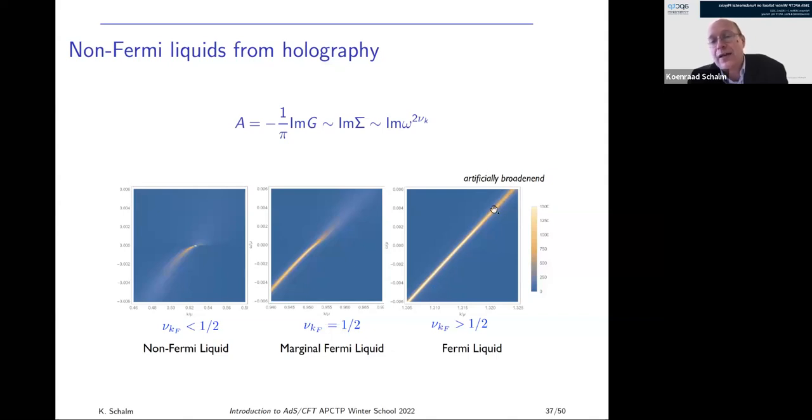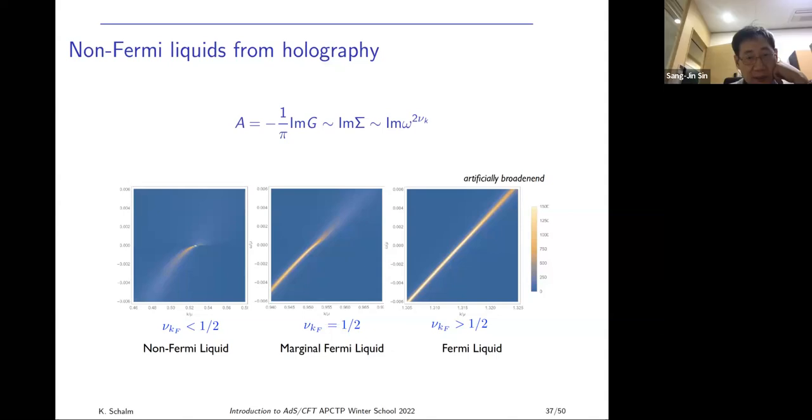And only if you would look very carefully at the width of this peak, which is precisely related to this value of 2 nu k, would you see that this is not a Landau Fermi liquid, but a more subtle beast. However, for a marginal Fermi liquid, you see right away the fact that the self-energy is much stronger at low energies, that it dies out, it has a much weirder behavior. And for a non-Fermi liquid, as you see, you barely see a particle-like excitation. It dies very quickly.